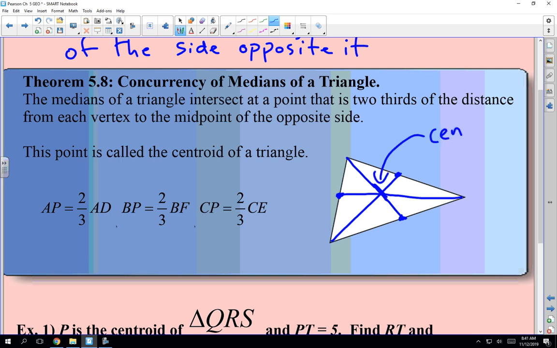But what's special about this is, let's see if we can label this. I don't think it's labeled in there. AP. P must be in the middle, and then A is maybe here.